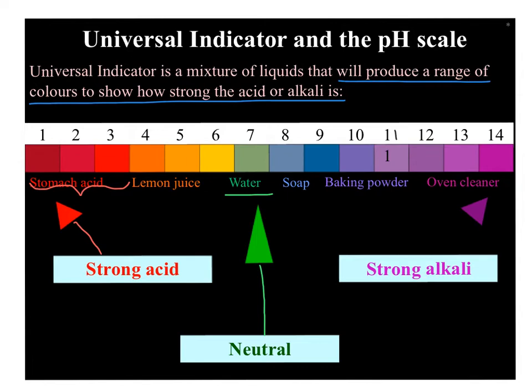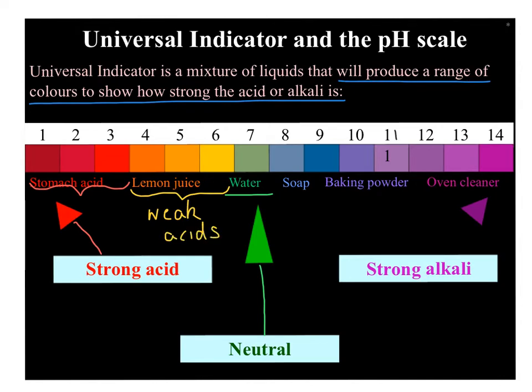Now as the pH number gets higher, the acid actually gets weaker. So I can see that pH 4, 5, 6 are matched up with orangey, yellowy colours. Samples that universal indicator would change into this colour would be weak acids.